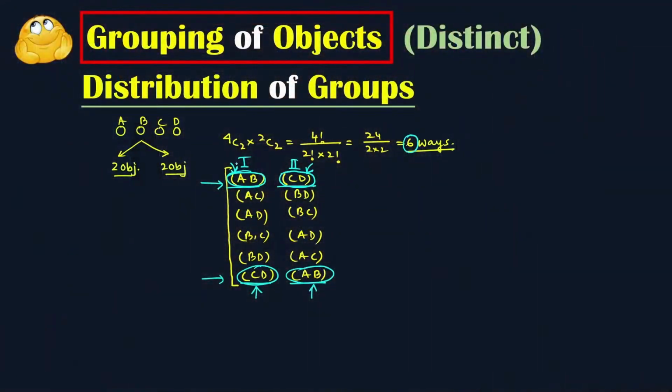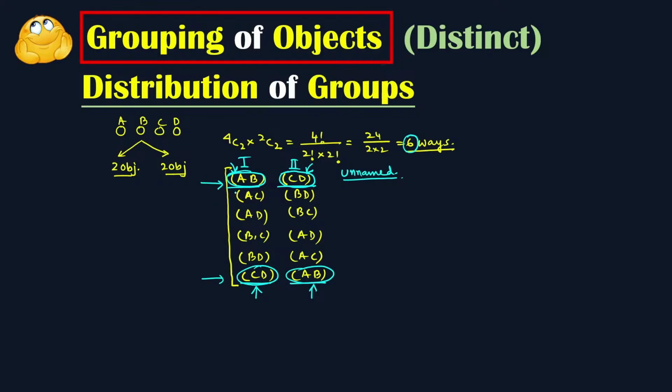But here I have not said that these 2 groups are named. They are unnamed. And if they are unnamed groups, then AB, CD is the same as CD, AB because the group has no name. So they are identical to me. Are you getting my point? Therefore, when the groups are unnamed, your AB, CD and CD, AB are the identical one.